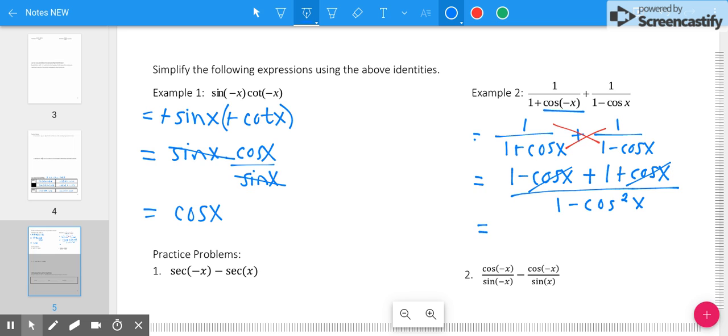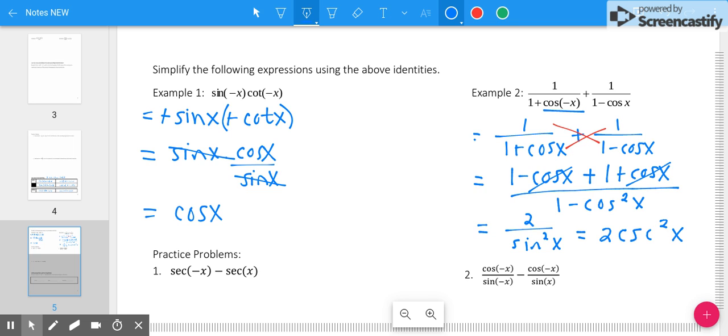So we literally have 2 left over up top. And 1 minus cosine squared x should look familiar. It's not quite on your formula sheet, but it is one of the Pythagorean identities. If we manipulate it, we can change it to sine squared x. And lastly, I can use reciprocal identities and get 2 cosecant squared x, for my final answer.